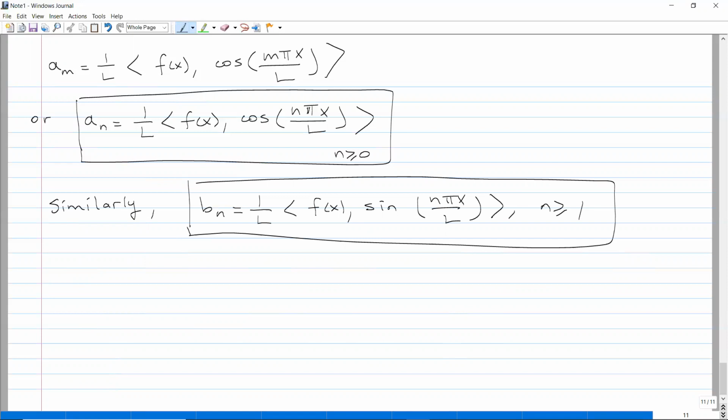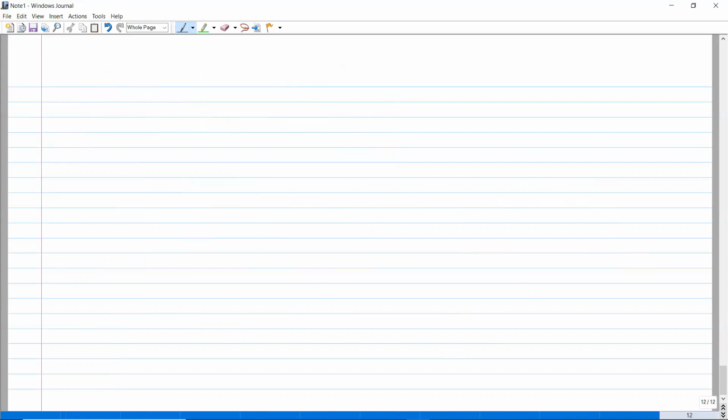Okay. So before I finish this video, let me just give you one example. Without an example, it wouldn't be complete. So let's take a periodic function. Suppose the function f of x is equal to 1 for x between 0 and 2. It is equal to minus 1 for x between minus 2 and 0.